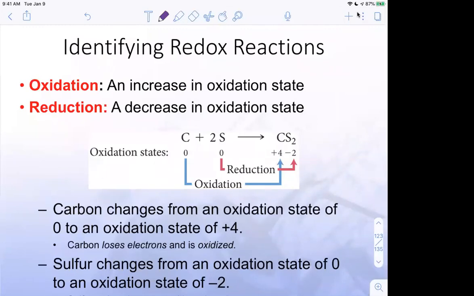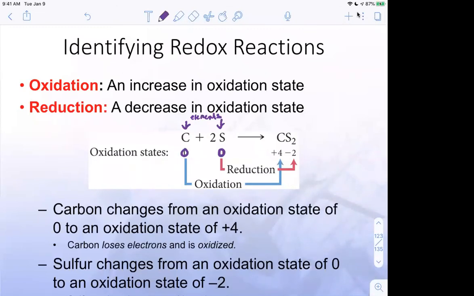So in order to do that, what you're going to have to do is sort of track your electrons using oxidation numbers or other various things that we just discussed in order to figure out where I have oxidation and where I have reduction. So here, my carbon is elemental carbon, so it has that oxidation state of 0. My sulfur is also elemental. Both of those are elements, so my charge there is also 0.